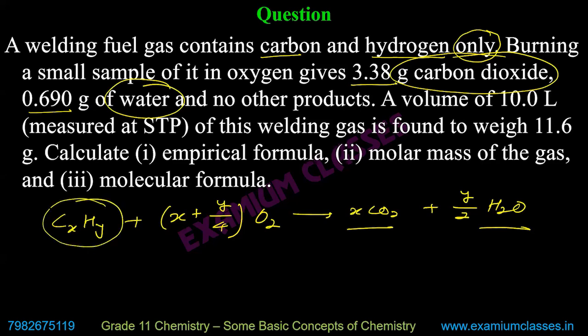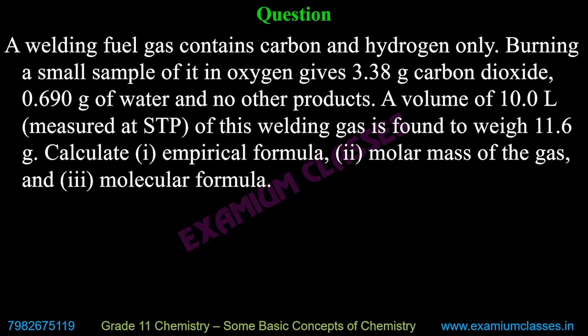Because there is carbon and hydrogen only, it means it is a hydrocarbon. But we are not going into those details. We are going into some other calculations. Why? Because if it is CxHy and it is reacted with O2, it gives you CO2 and H2O.